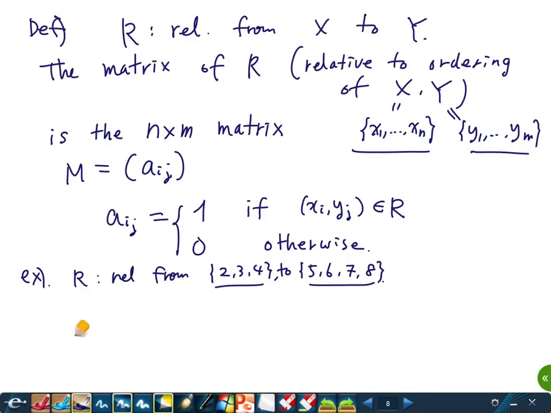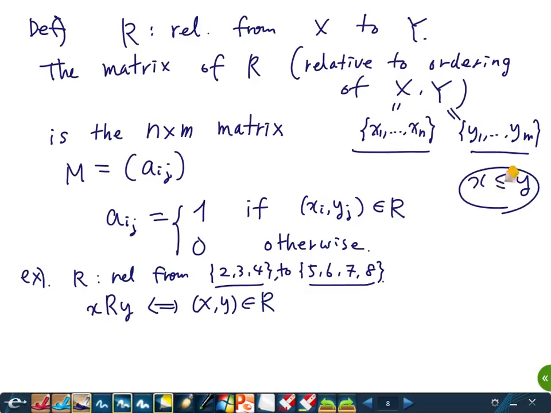Now what is the matrix M? By the way, I didn't define R yet. x R y is another notation for (x, y) in R. Sometimes we write x R y, because we write the relation in between. It is exactly the same thing. The definition is x divides y.